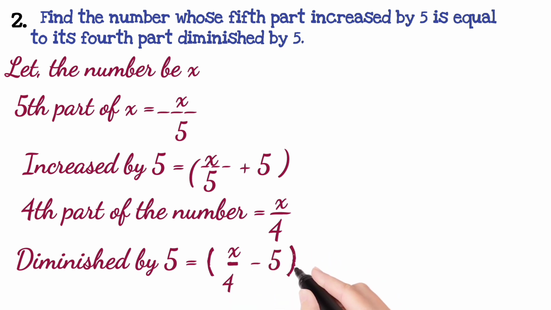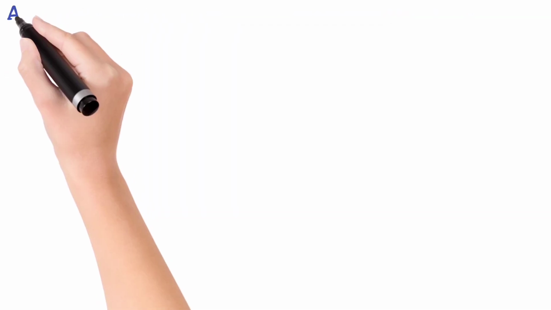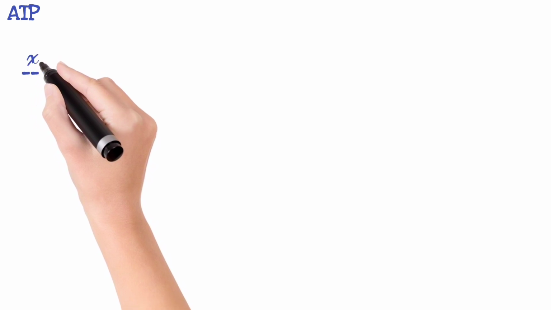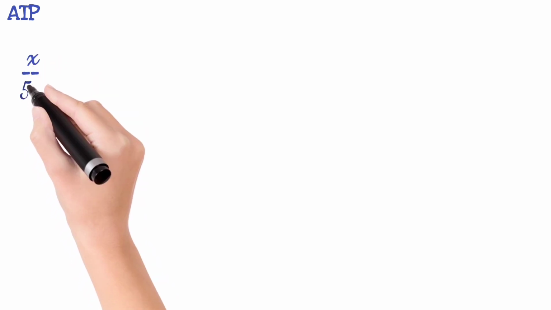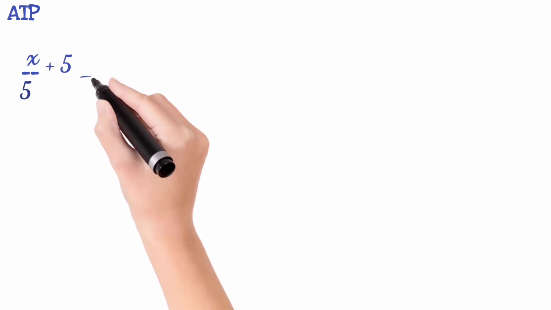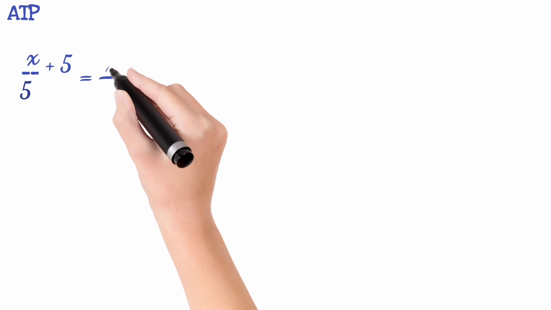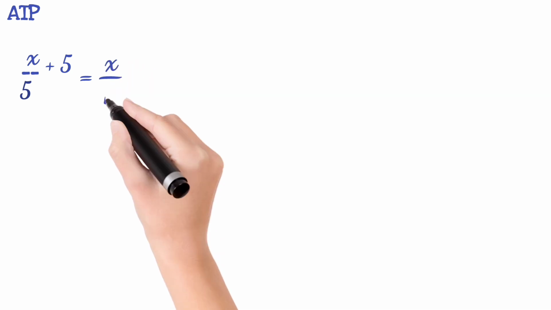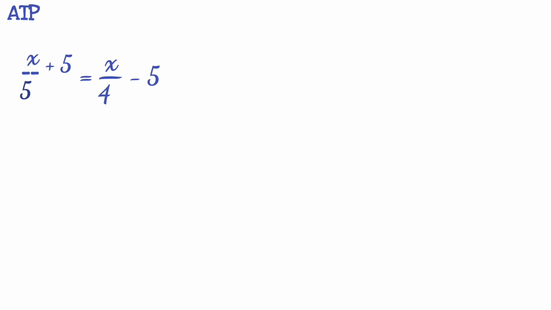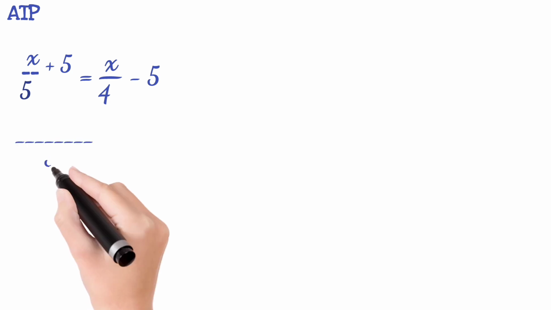Now according to the problem, these two parts, increased by 5 and diminished by 5, both are equal. So we will write x by 5 plus 5 by 1 equals x by 4 minus 5 by 1, denominator is 1.